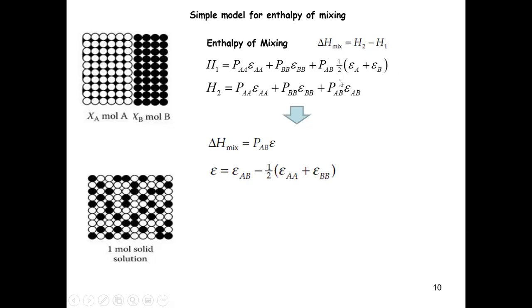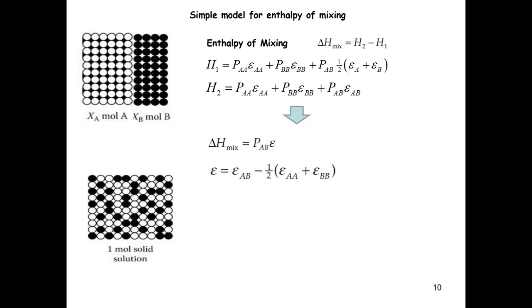And then you're going to compare this average to the interaction energy of the AB bond. That difference between the interaction energy of the AB bond and the average interaction energy of the AA and BB bonds is going to contribute to the difference of the enthalpy of mixing. Does that make sense, everyone?